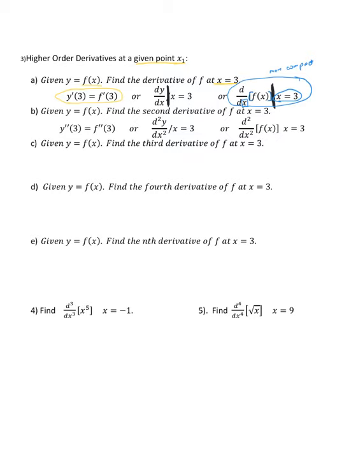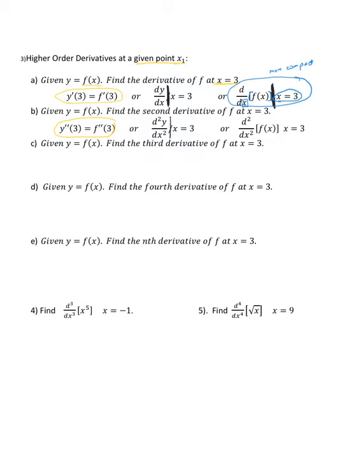Now, the second derivative of f at x equals 3 can be denoted this way, which is what we've been using in class. But using the dy dx notation, we could write d superscript 2 y over dx superscript 2, and then a vertical bar.